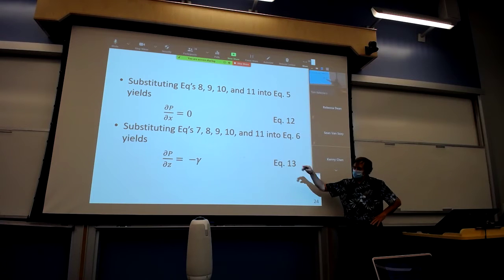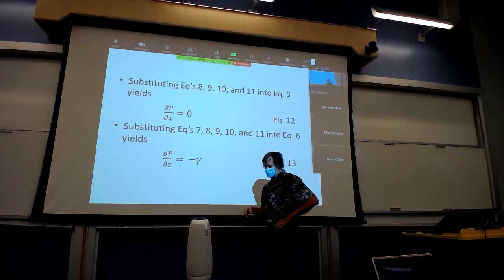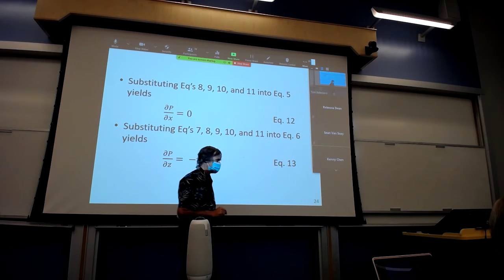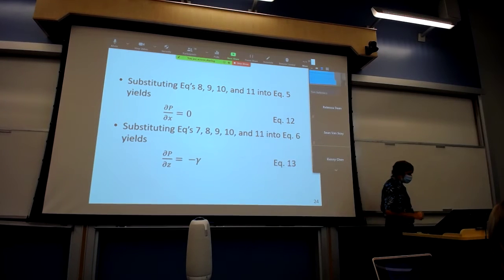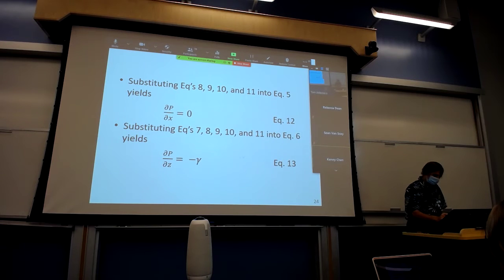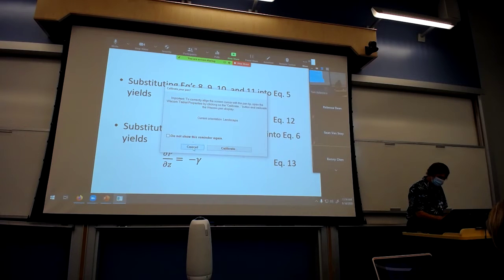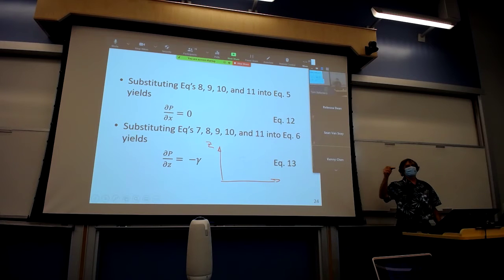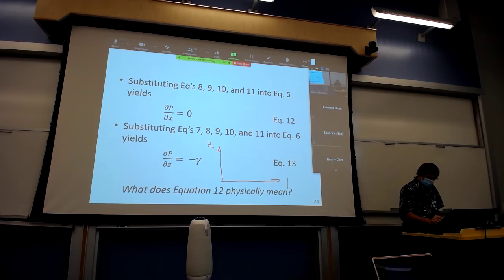The next equation is the more important of the two, and that is that we do in fact have a pressure gradient in the z direction. If we looked at a plot, I'm going to put z on the vertical axis because physically it's measured in the vertical, but actually it should be on the horizontal because it's the independent variable, and we'll put pressure here.